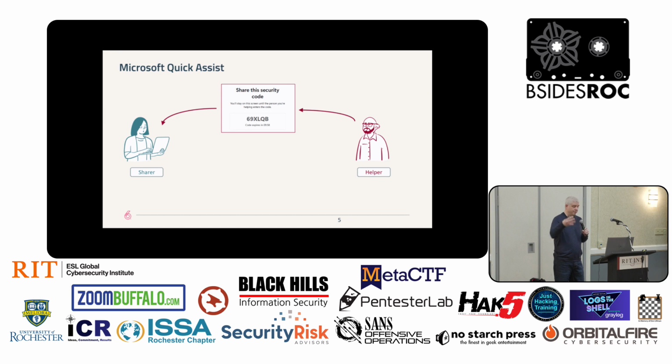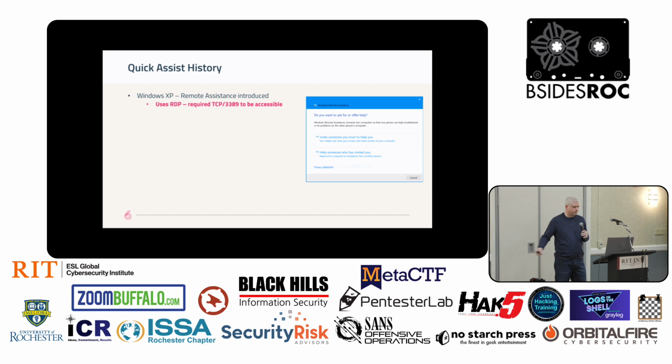The helper gives this code to the sharer. The sharer enters it in, and then a connection is made between the two. We'll talk about where those connections happen in a little bit. The helper is then able to see and access the desktop of the user.